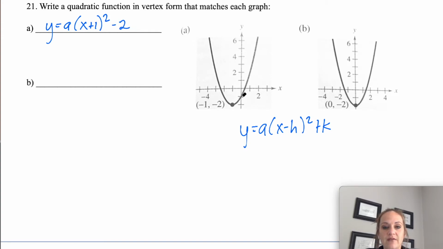Now, we have another point, which is (0, -1). So if I plug 0 in for x, and -1 in for y, I will get -1 equals a times (0 plus 1), which is 1, minus 2. A times 1 is just a, and then I add 2 to both sides, and I will get a 1. So therefore, I know that a is 1. So we don't have to actually put it in.